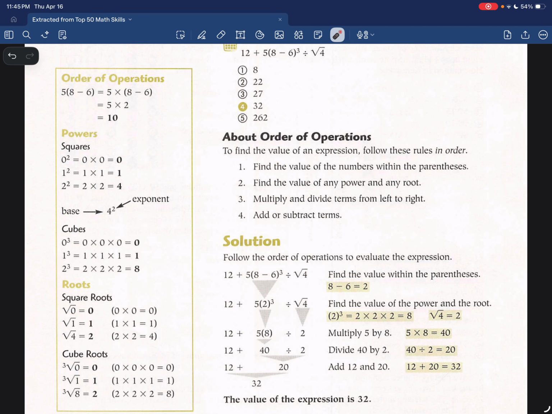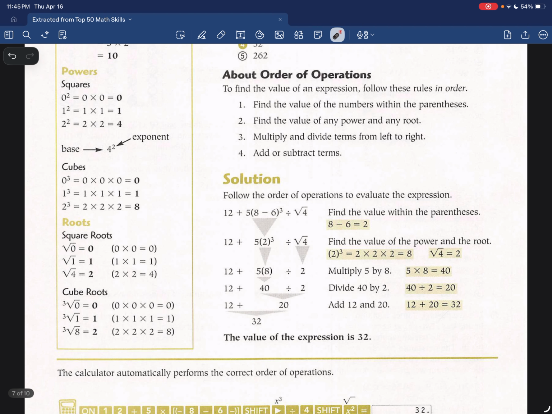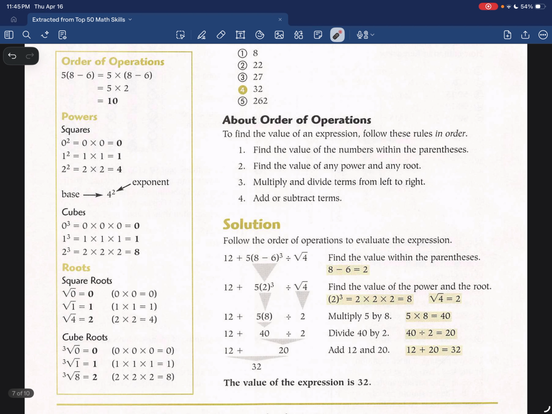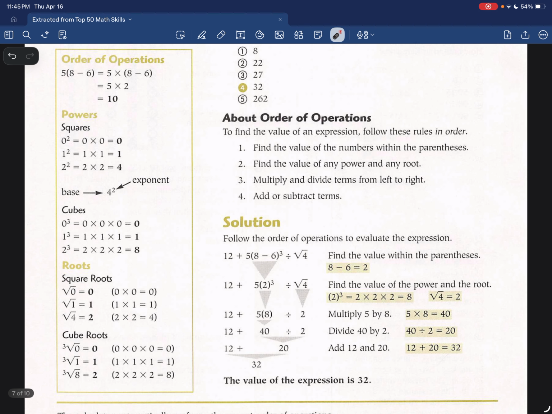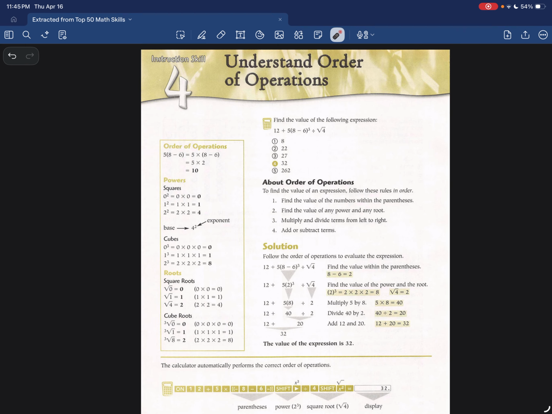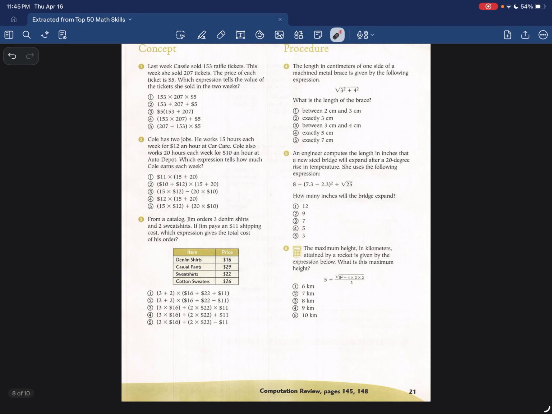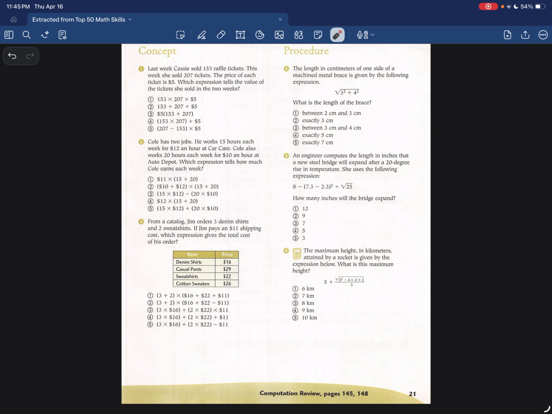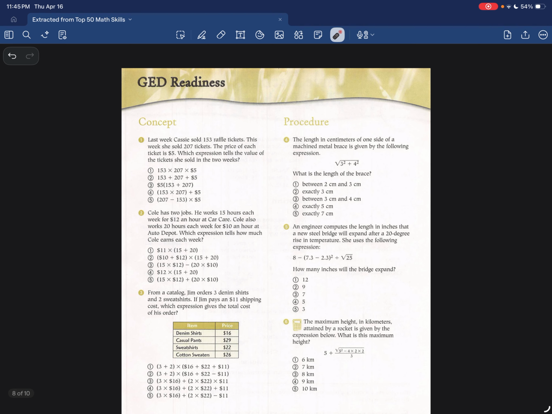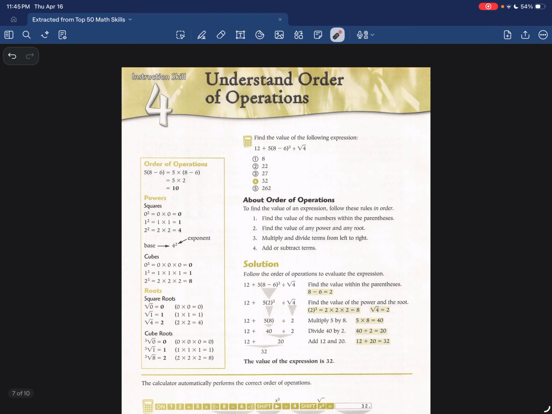Square roots and cube roots are also done in that exponent or powers stage. So we will be looking at some of those. If you have not already, I recommend that you do the computation review on pages 145 and 148. And that will help you with the computation.